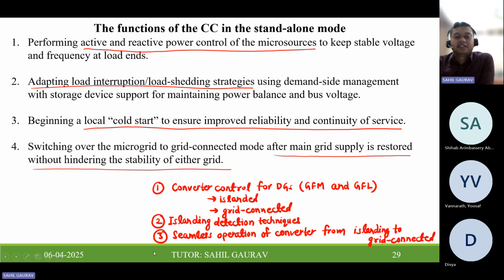Power systems basically, you don't need to design any PCB. But this converter control you can do in power hardware in loop, or there are so many emulators and real time simulations. So this can be easily tested.